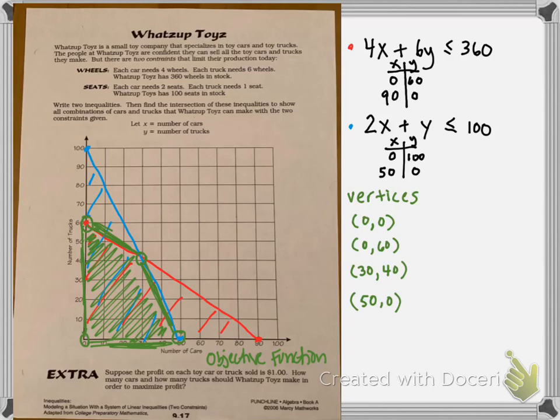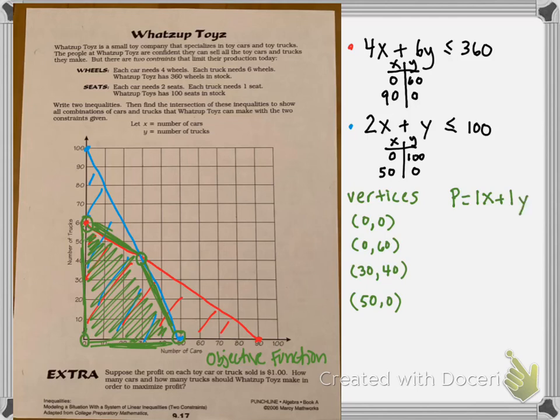How many cars and how many trucks should What's Up Toys make in order to maximize profit? So in other words, my objective function is profit equals 1 car. I guess I shouldn't use C. I'm going to have to use X. So 1X plus, I make $1 off the truck, so 1Y.